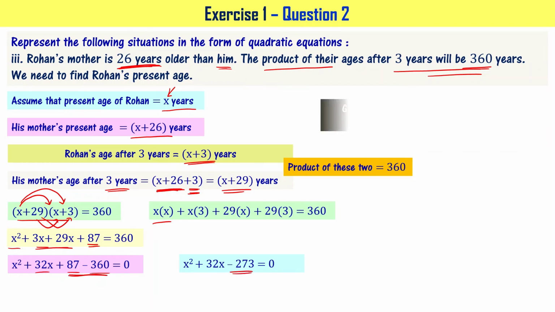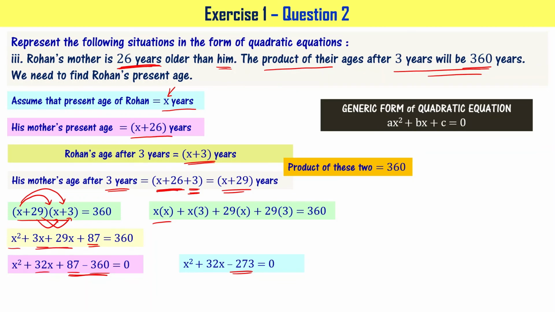It is in the form of ax square plus bx plus c equal to 0, right? For that reason, we say that the obtained equation is a quadratic equation, right? Now, what we have done, we have expressed this particular situation in the form of quadratic equation, that is x square plus 32x minus 273 equal to 0. If you solve this equation, you get value of x, that is the present age of Rohan, right?